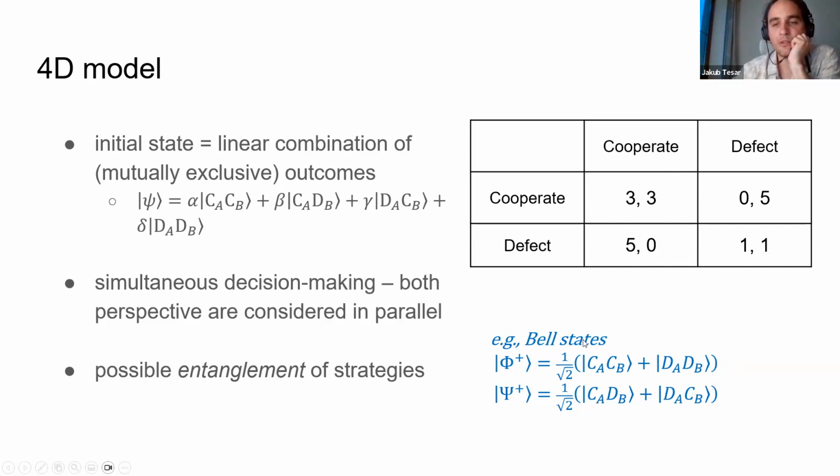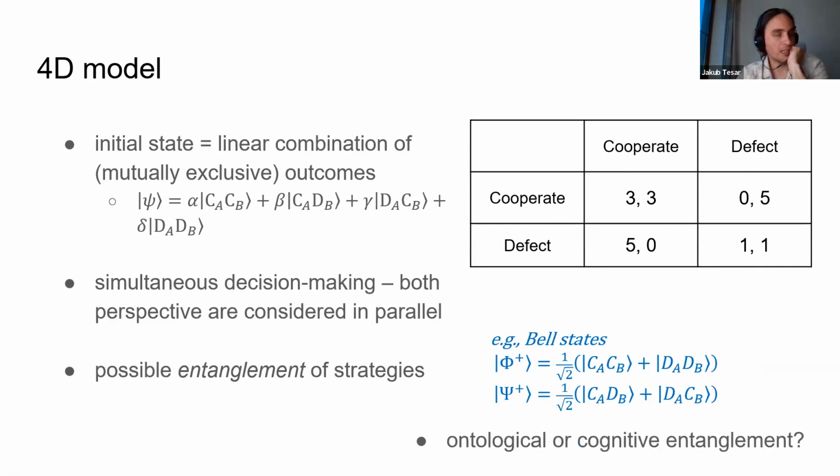So quite intuitively, we see that if we have maximally entangled states of this particular form, then we would see maximally correlated strategies, either mutual cooperation or mutual defection. And as I said, the dilemma is not really there.